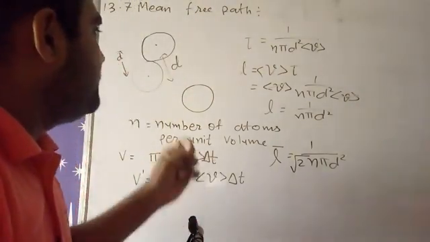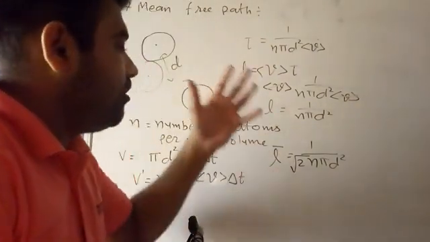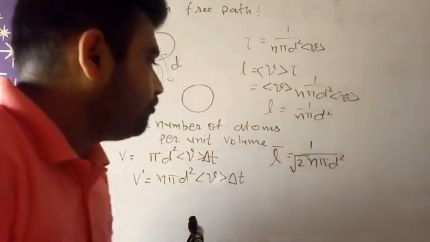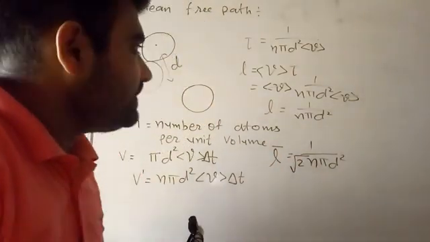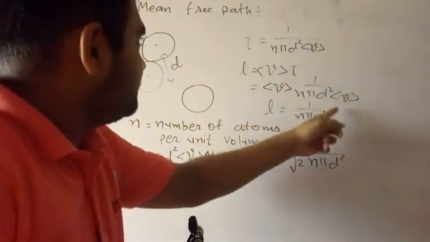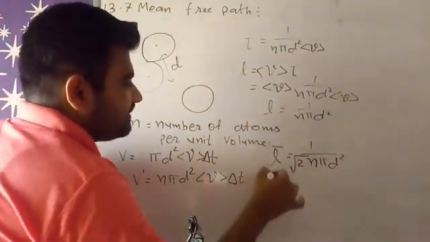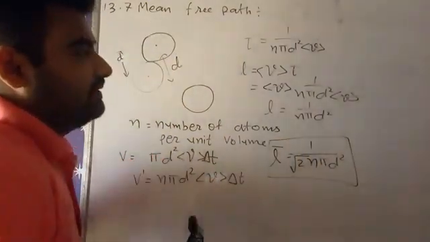So that's why we assume that all atoms are moving, and that's why we add root 2 inside this equation. So this equation is known as the mean free path, right?